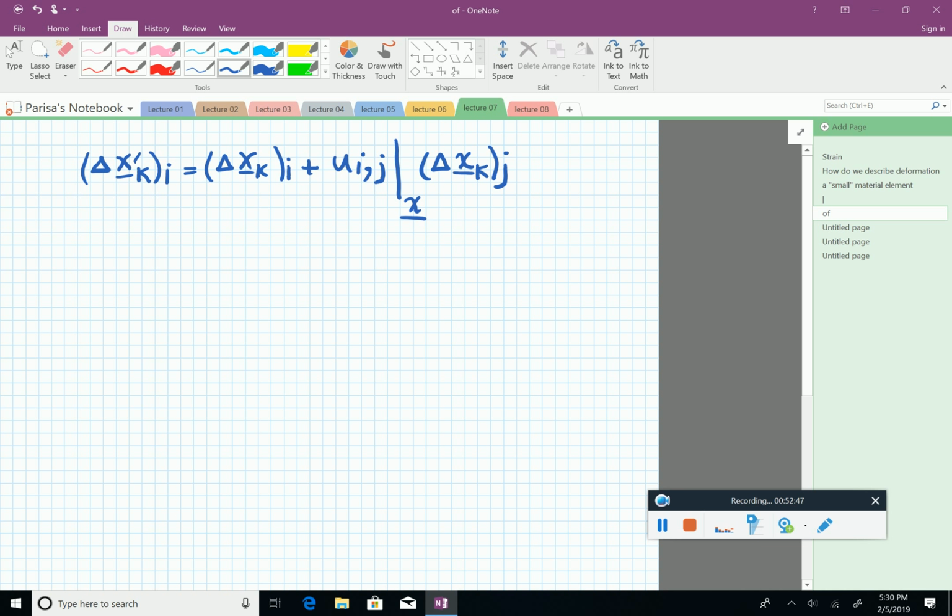And I could have replaced u_ij by e_ij plus omega_ij. So you can see how it works. And remember that this is valid locally, basically in the neighborhood of X.